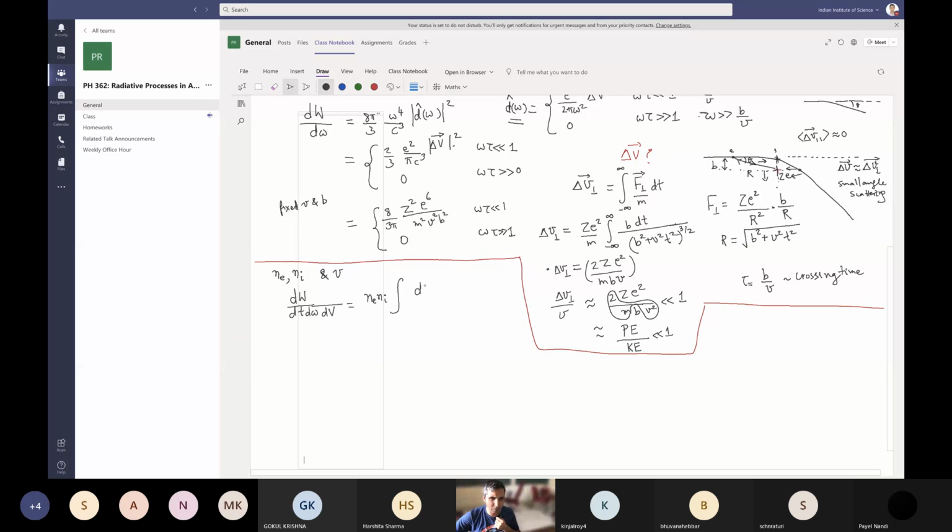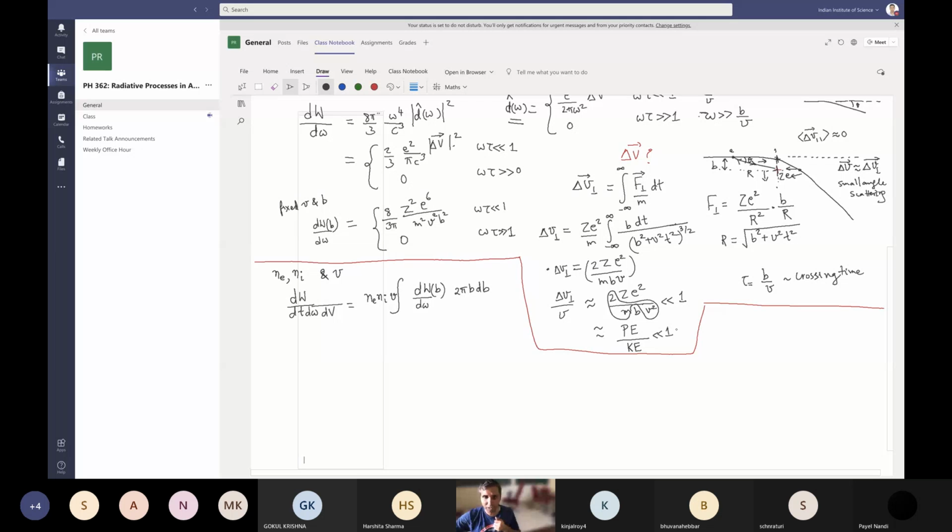So we want to calculate dW by d omega for a given impact parameter B. So this is nothing but this, dW by d omega for a given impact parameter B. Then we multiply by 2 pi b dB, times the velocity of these electrons.